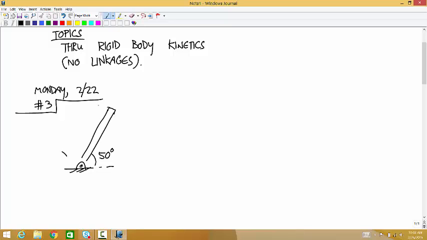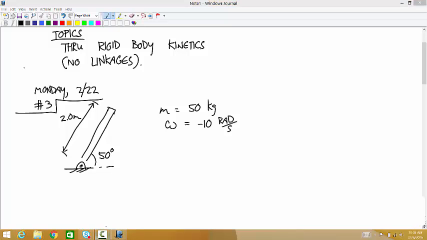It has a length of 2 and a mass of 50 kilograms. At the instant shown, the angular velocity is negative 10 radians per second. And down is towards the bottom of the page, so we have to put a weight in that direction.